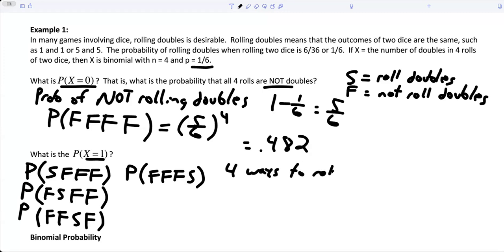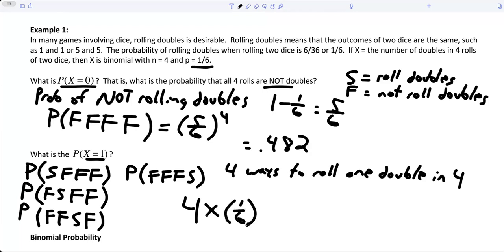to roll 1 double in 4 rolls. So it would be 4, since there are 4 ways, times the probability of success, which is 1/6. And that 1/6 is raised to the 1st power because I had 1 success.